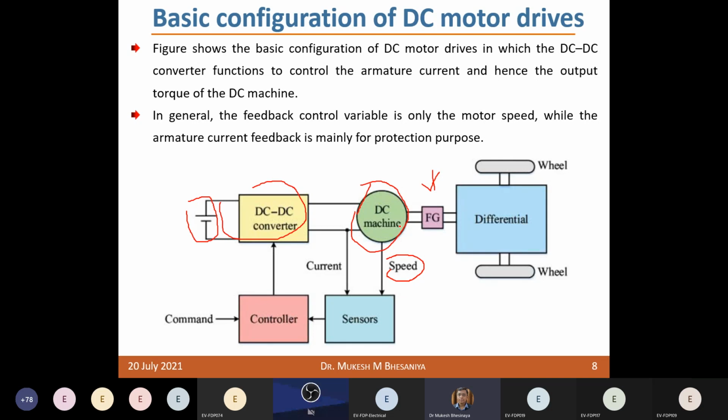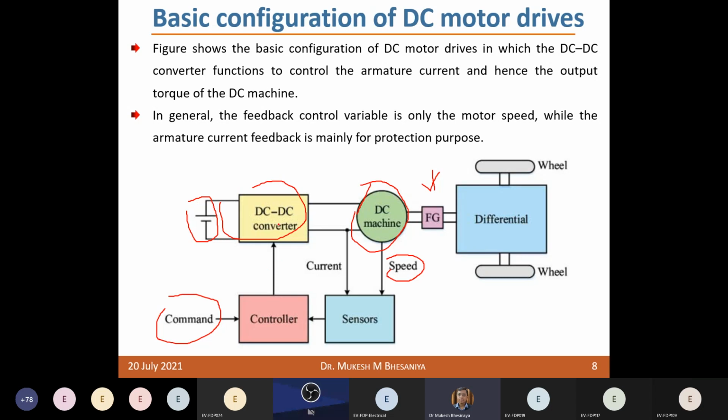Current feedback is generally used for protection purposes, because it should not exceed the rated current of the motor. The output of the sensors is provided to the controller, and you have a command from the accelerator or the brake or some other inputs, and then the controller will generate the reference signal for the converter.